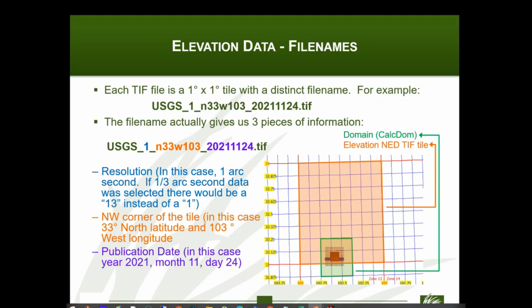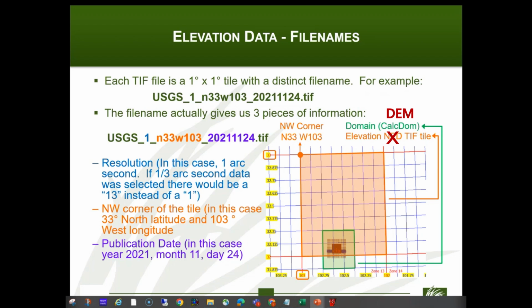So we're actually going to have to download 2 different terrain files here for this particular project because it spreads into 2 different 1 degree by 1 degree NED tiles. Or sorry, DEM tiles. Excuse me. The northwest corner here again is 33 north latitude and 103 west longitude. You can visualize that in BEEST when you have the grid lines on.